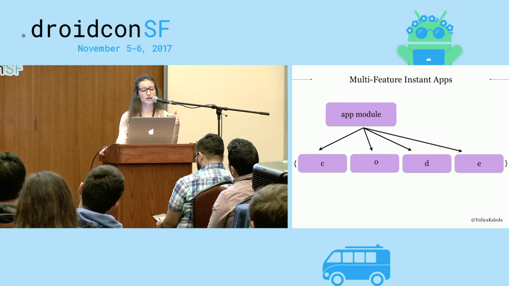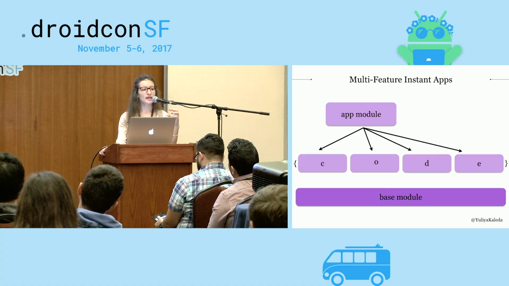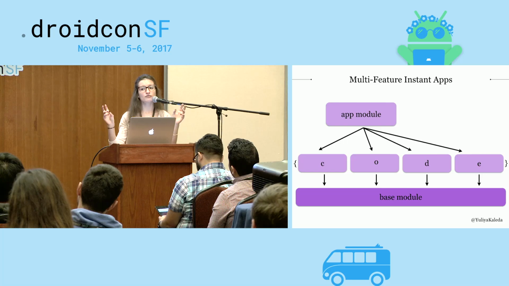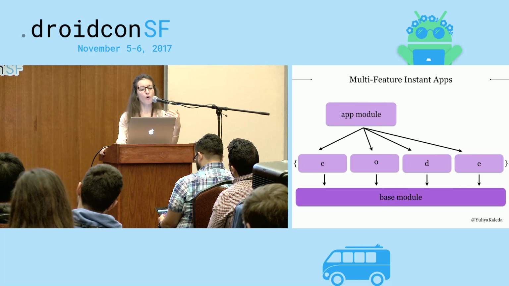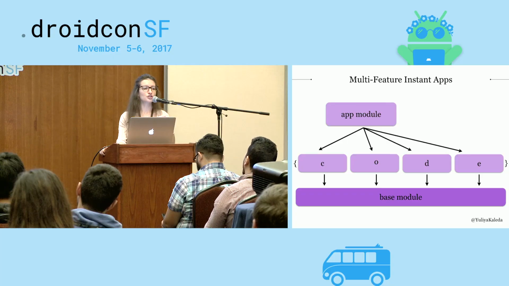So what we have to do is add a base module to our multi-feature Instant App. And the base module is the so-called shared repository, which will have all the stuff that will be pulled into any of the feature modules. So in order not to duplicate all of the logic in each and every feature module, move it to the base module and provide the dependency of the feature modules on the base module.